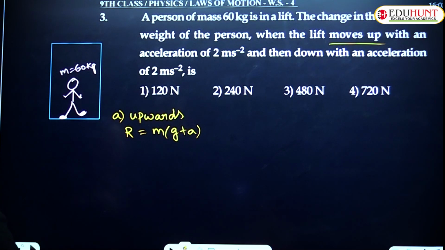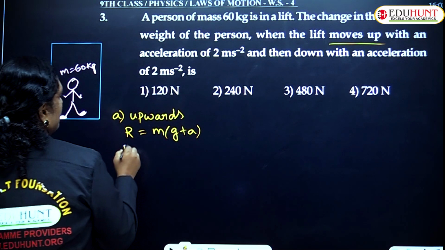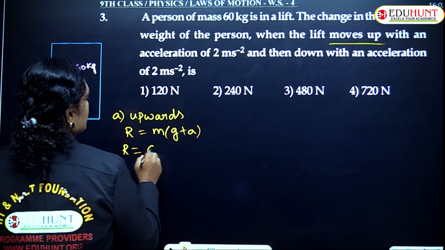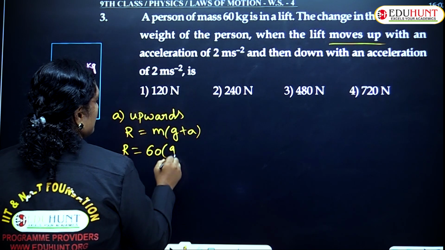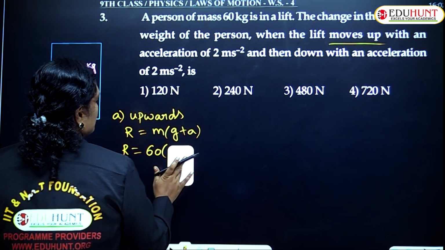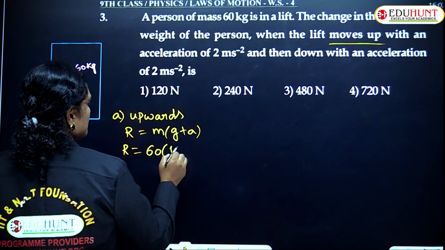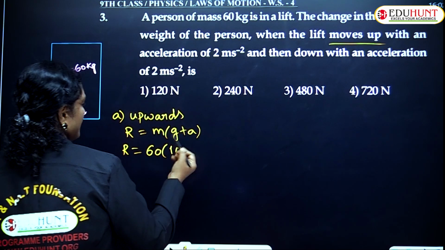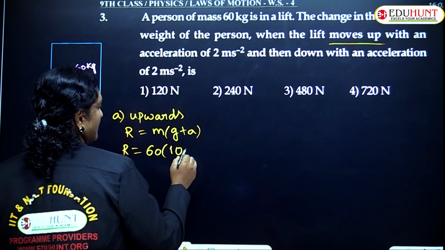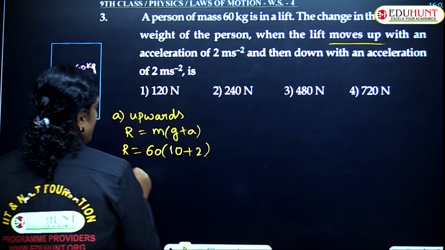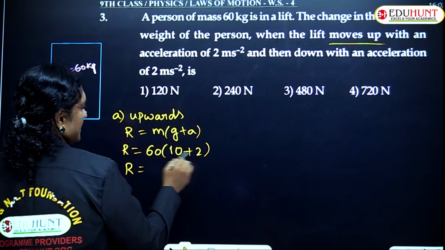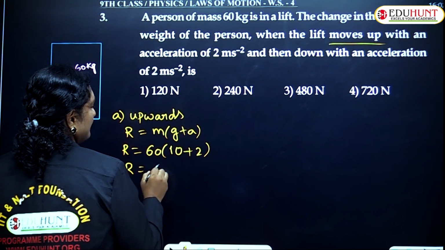So R is equal to the man's mass, 60, gravity g, let us substitute as 10. 9.8 will also give the same answer because they are asking for the difference. Plus 2, or R can be written as 10 plus 2 is 12, 12 into 60.